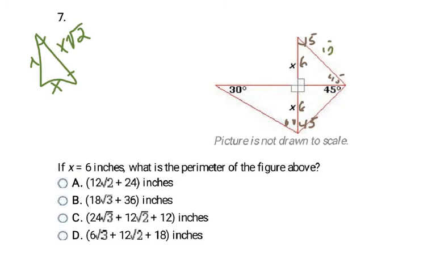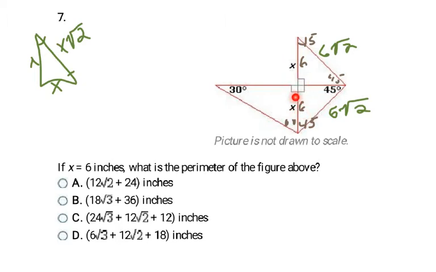So here, this is going to be 6 square roots of 2. All right, and then because those two triangles are congruent, this hypotenuse is also 6 square roots of 2. And that just leaves me to find these two missing pieces.